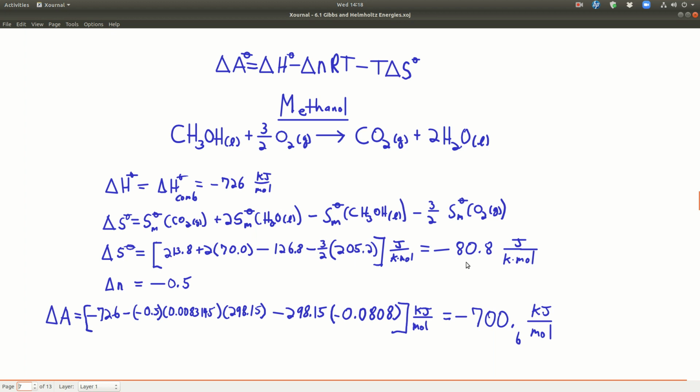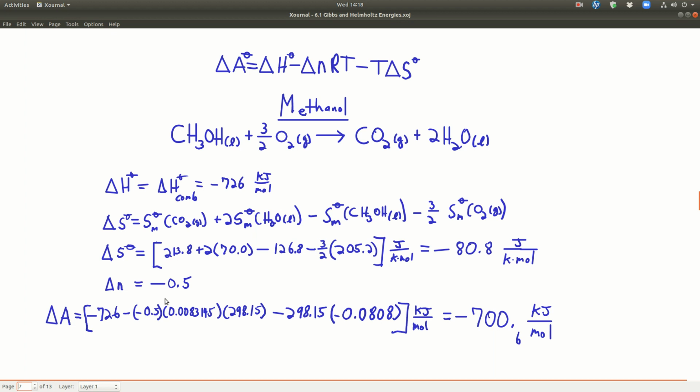So put those in, and we get delta S for this process is negative 80.8 joules per Kelvin mole. And it makes sense that it's negative because we have 1 mole of gas on the right side, 1.5 moles of gas on the left side. So the entropy is going to be decreasing.